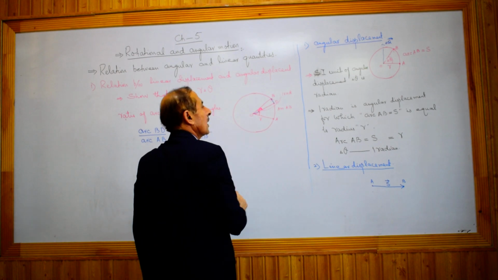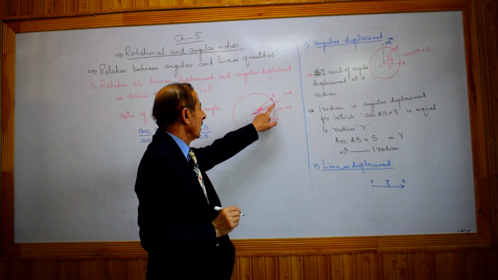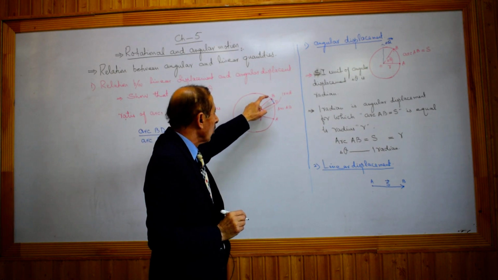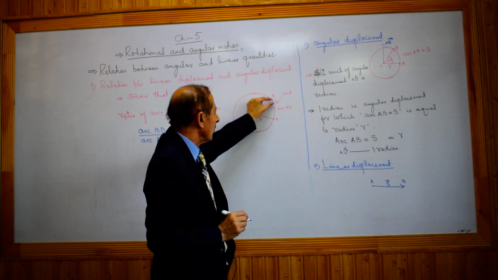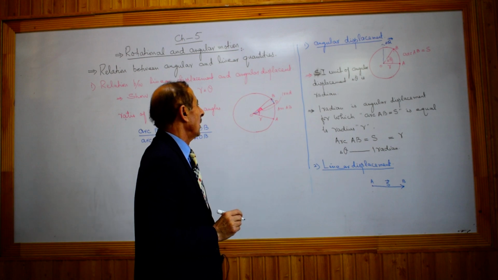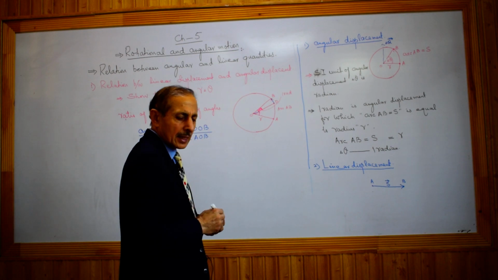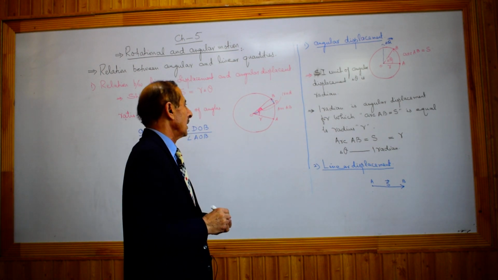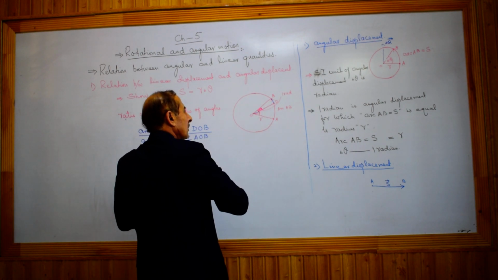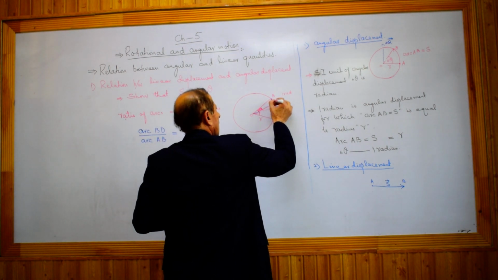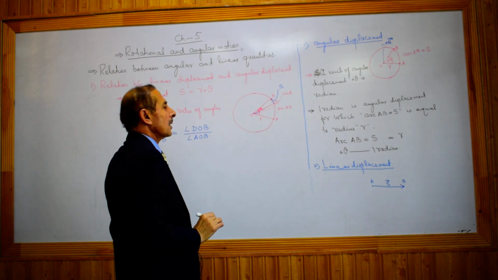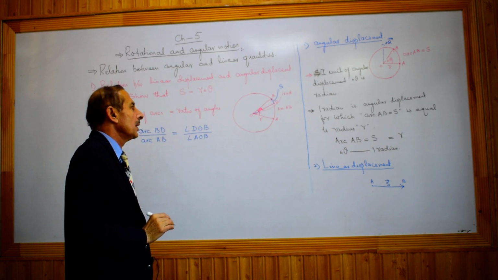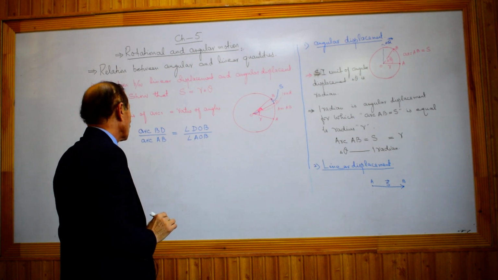Arc BD is equal to, this theta is very small because point D is close to the point B. So when the length of the arc is small, this theta is small. This small length of the arc is considered as a straight line which is represented by S. So S represents the length of the arc BD, which is very small.